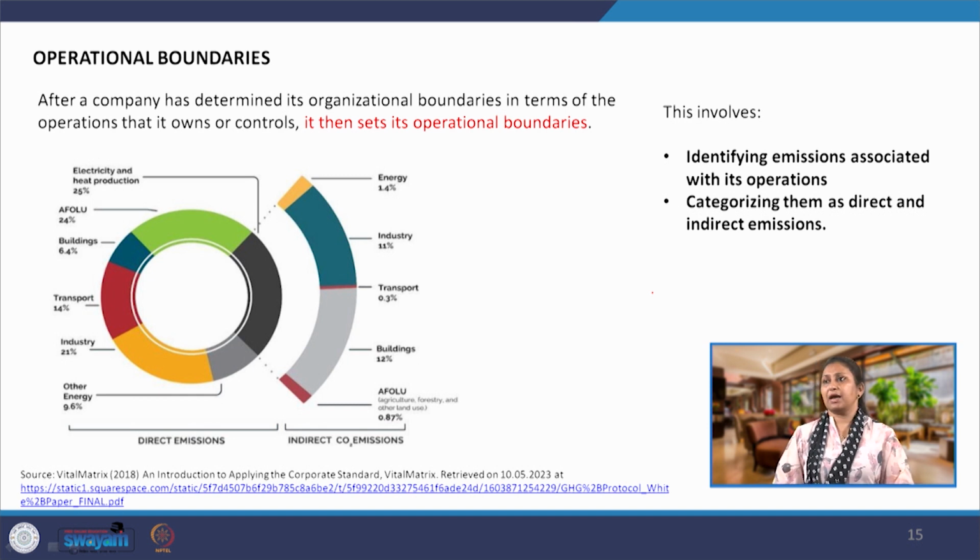For example, if we have say airlines, air carriers, now for them all the emissions that are resulting from their carriers flying from one place to the other, because it is direct operations, these are the assets that they directly own. Even if they have taken these planes on lease for say another 25, 30, 40, 50 years, it is 100% with them. This asset is lying with them, it has been leased to the parent company of this airlines.